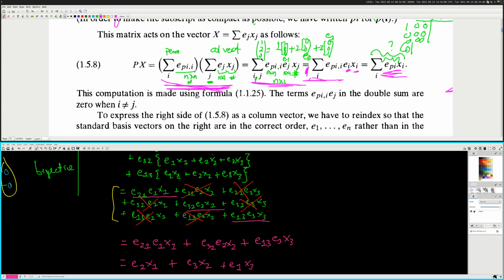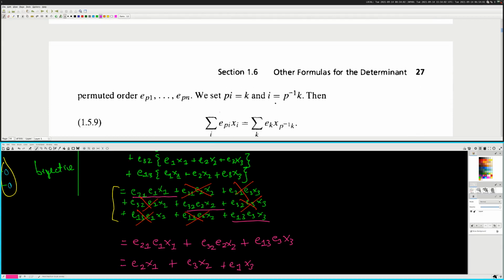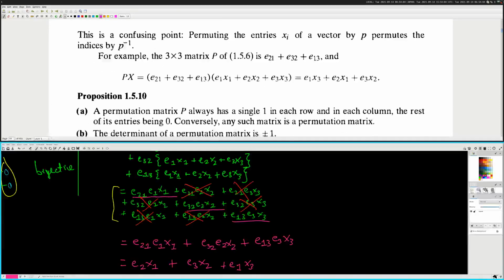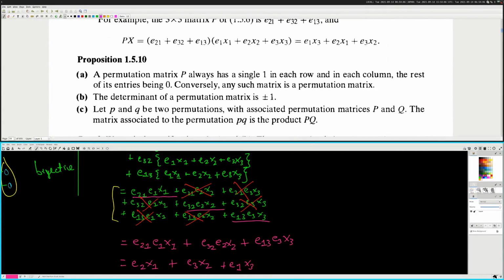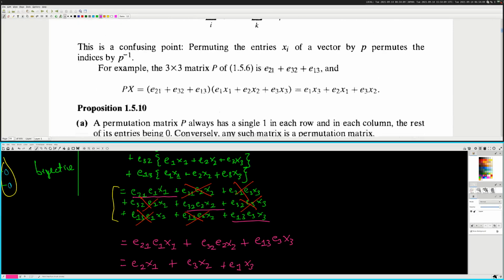Okay. So notice now we've permuted the vectors E1, E2, E3. Oh boy, I'm getting confused.